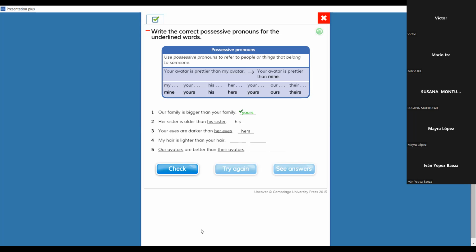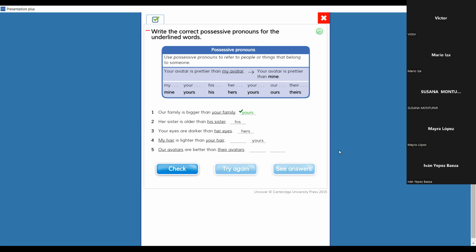Next, number 4. Mayra, my hair is lighter than your hair. Esa la verdad no la entendí muy bien. Yo por ejemplo, than your hair y mi respuesta sería yours. Yours, okay. En my hair, tengo dudas si ahí se aplicaría la de mine.